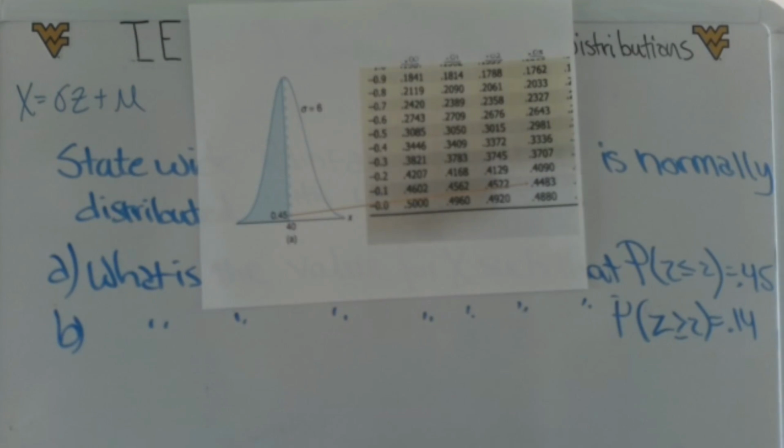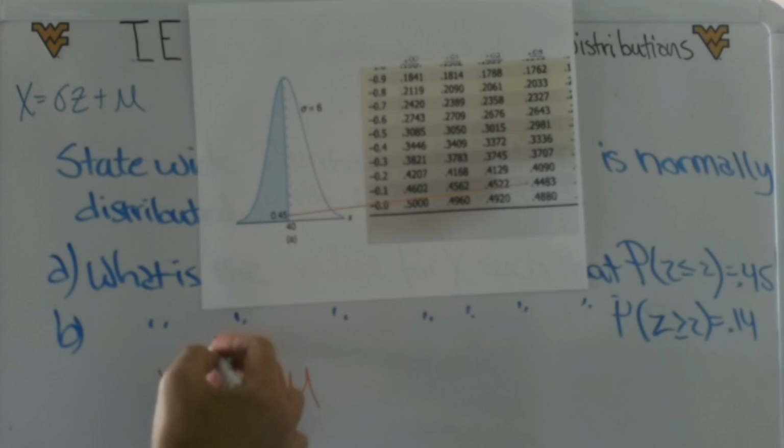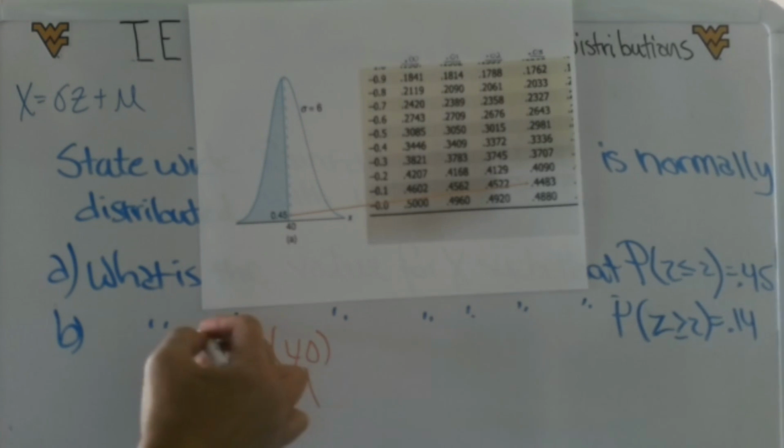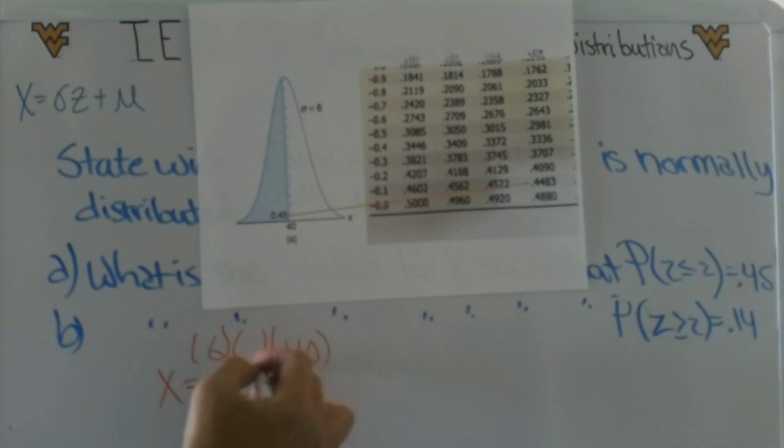So let's work on A first. Okay, so we know that we need to follow the equation that x is equal to sigma z plus mu. And we have sigma is 6 and mu is 40, so we need to find what is z.